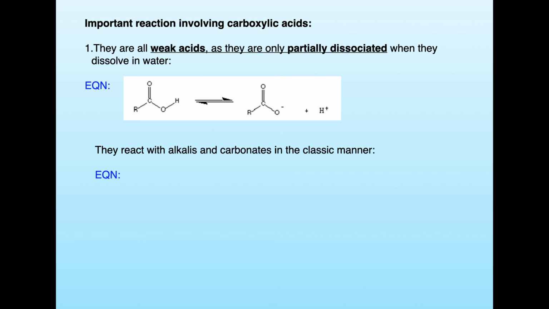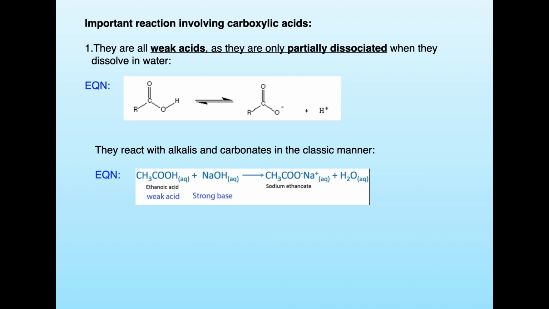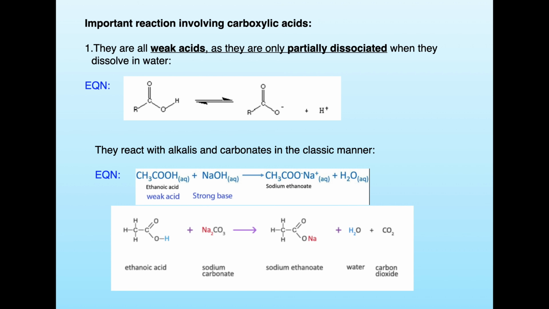It's a weak acid. Now, even though it's a weak acid, it will react in the normal way. So with sodium hydroxide, it produces a salt, sodium ethanoate, and water. Acid plus base or acid plus alkali gives salt plus water. With carbonate, it will produce a salt, water, and carbon dioxide. Okay? This is actually not balanced, this equation, I believe.